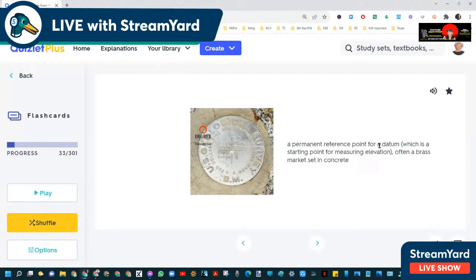So what is the permanent reference point for a datum? A significant starting point or any point on the property when a survey is being done. It has a starting point for measuring the elevation, and not only for elevation, but for going all around the property and marking the boundary of the property. What is that called? It says it's often a brass marker set in concrete.